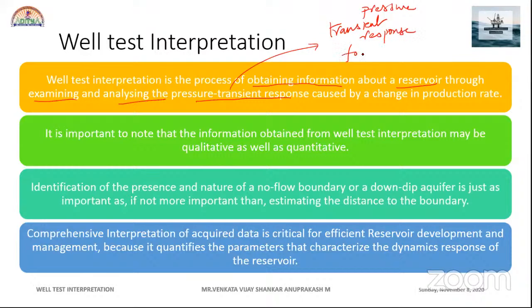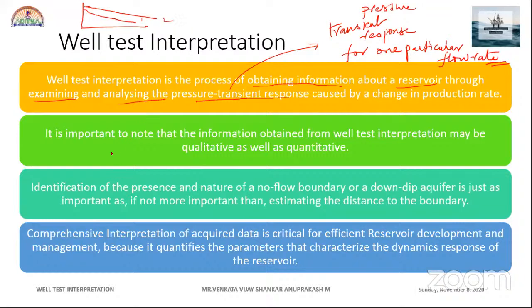For one particular flow rate, we'll be getting one type of response. So this is one scale. There is also the other possibility where we change the flow rate and observe. This is a second curve.